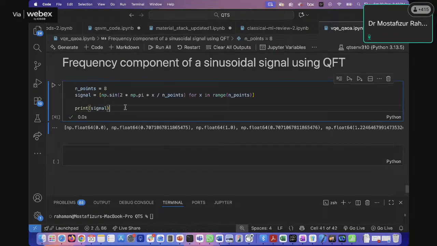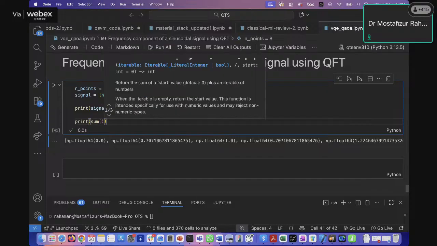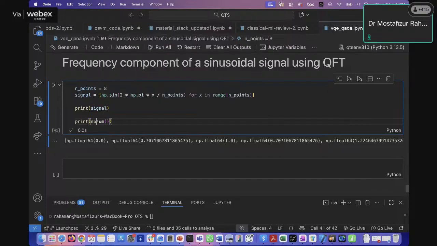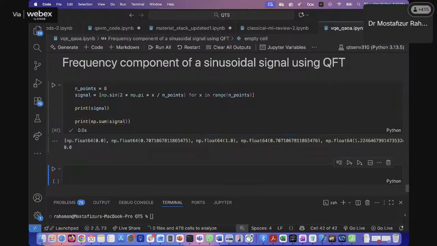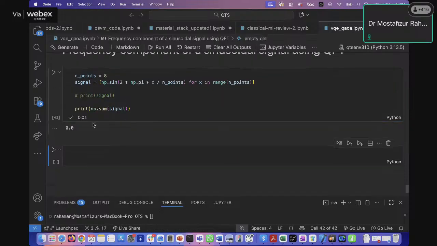For example, if I also print the np.sum of the signal, it is in fact 0, because I'm taking a full periodic signal, and the total amplitude sum equals 0, right? So that's more problematic, right?